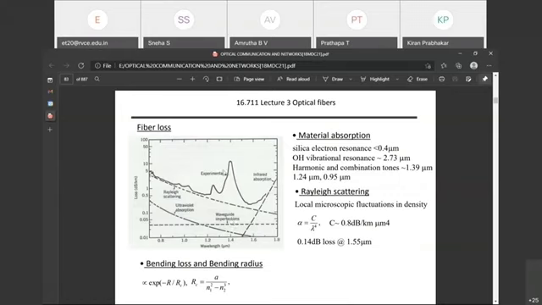So there are various abnormalities or losses available, such as in the ultraviolet region absorption, and how much will be the dispersion and how much will be the Rayleigh scattering, all with respect to wavelength. This has been found, and you will be choosing.